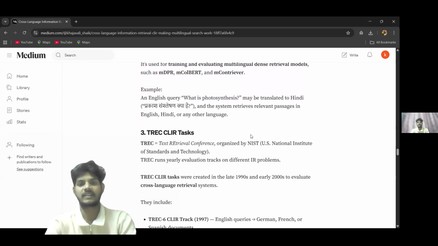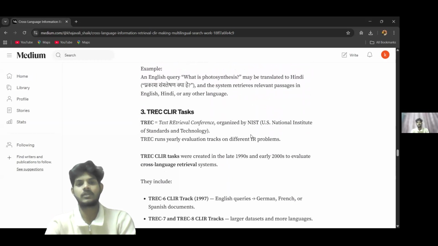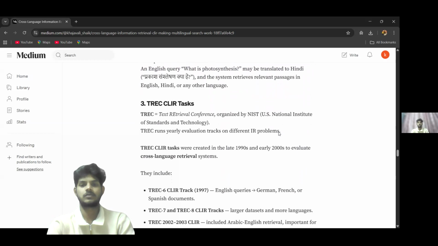TREC CLIR task. TREC stands for Text Retrieval Conference, organized by the United States National Institute of Standards and Technology. TREC runs yearly evaluation tracks on different information retrieval problems.